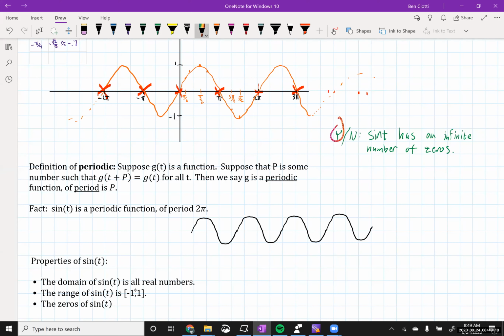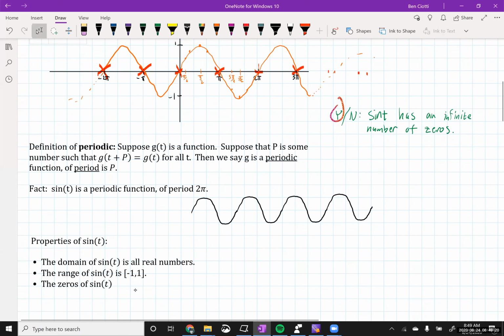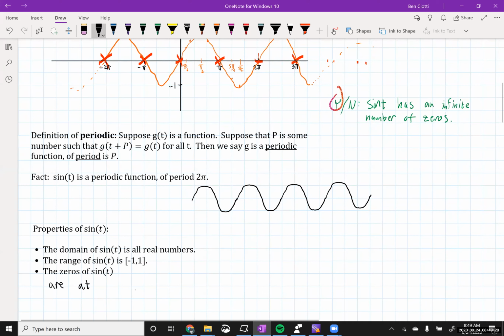And where are those zeros? Okay, so let me start listing them. The zeros of sine are at, okay, let's see.